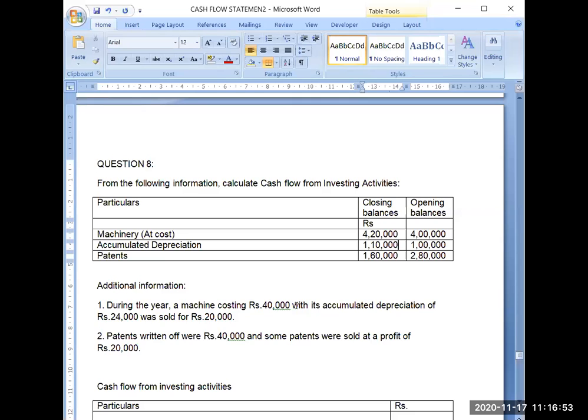Its cost was 40,000 and the total depreciation charged on that machinery from the date of purchase to the date of sale is 24,000. That will be transferred from accumulated depreciation account to machinery account. And the sale amount is 20,000. So we have a lot of information. We can simply prepare the machinery account as well as the accumulated depreciation account.